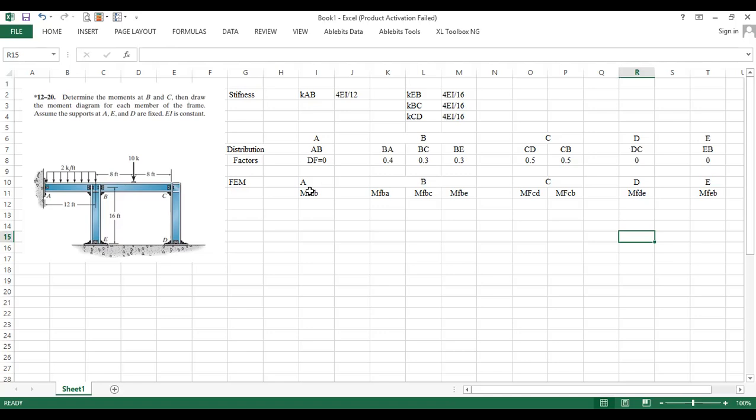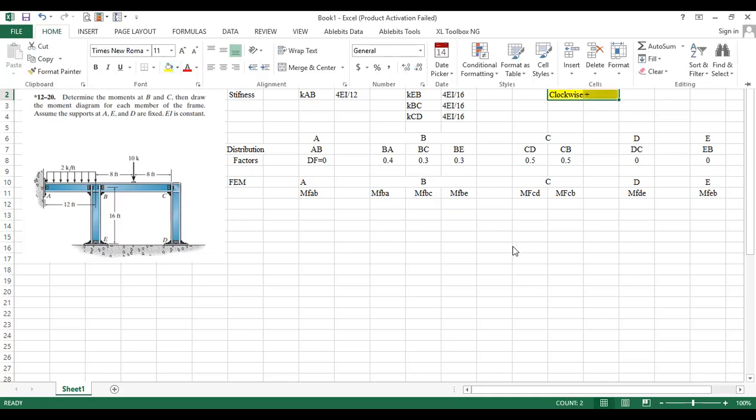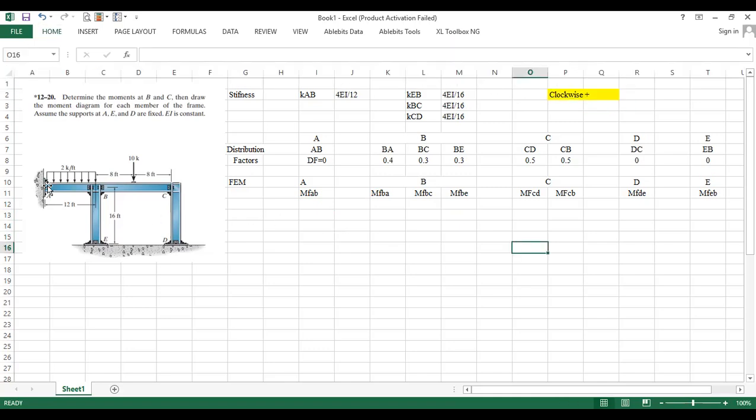So that's going to be 24, right? At A, our sign convention is clockwise positive, right? So the anti-clockwise 24 and clockwise 24. It's going to be minus 24. This is plus 24, right?